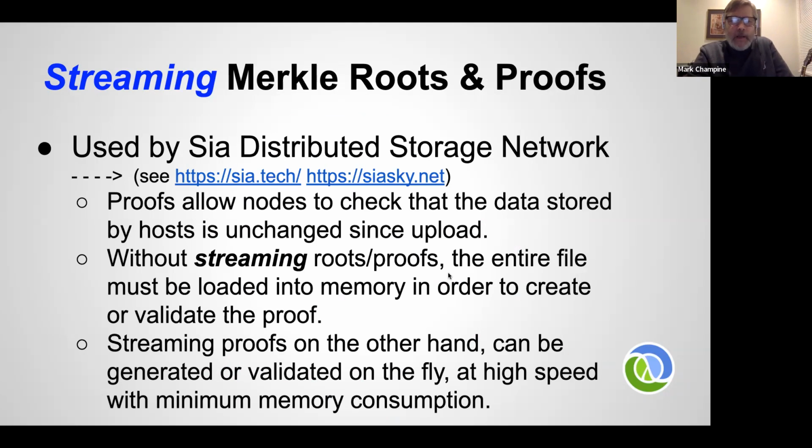So what does it do? The proofs allow the nodes in the SIA network to check that the data stored by the hosts is still there. You don't want to rent out a terabyte of storage to other people and you're being paid whatever, $5 a month to store their data.